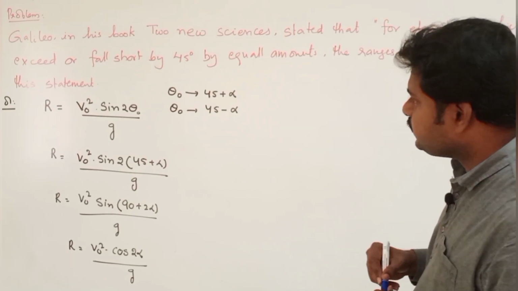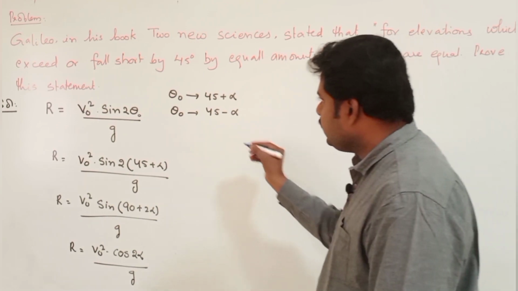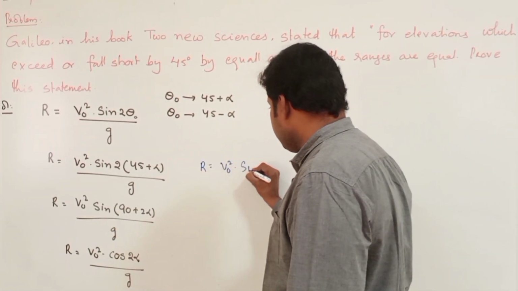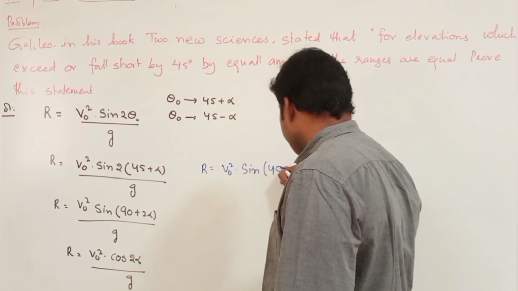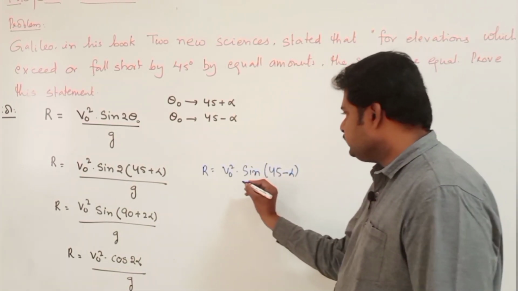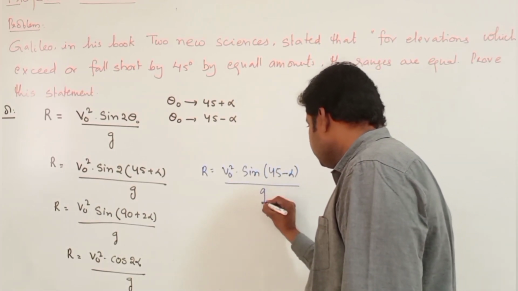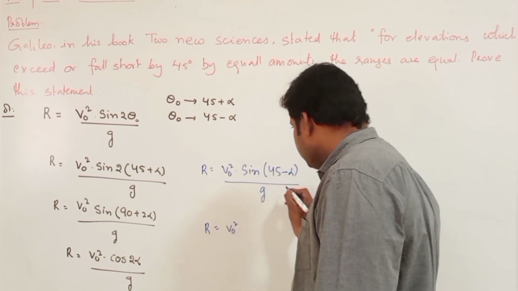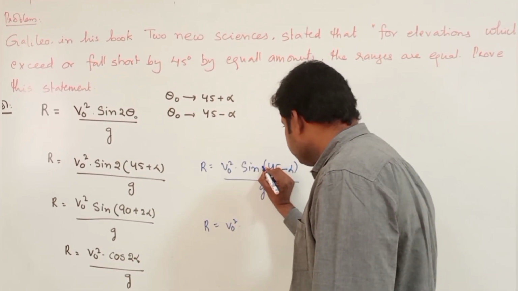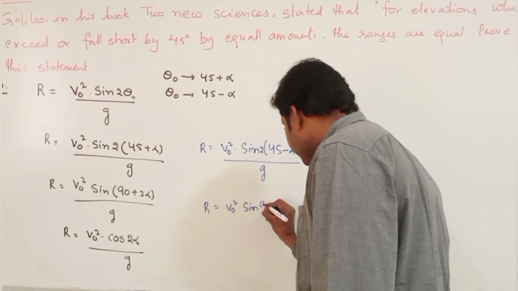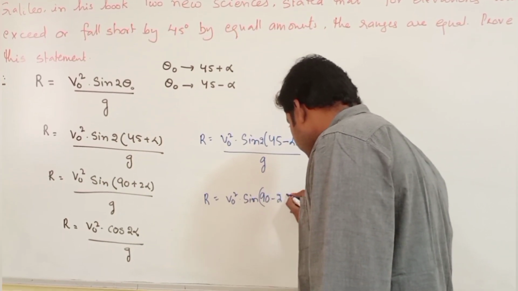Now for the other projection angle you substitute R is equal to v naught square sin 2 into (45 minus alpha), less angle by alpha, by g. Sorry, here 2 alpha, we have forgotten the 2. Now sin (90 minus 2 alpha) by g.